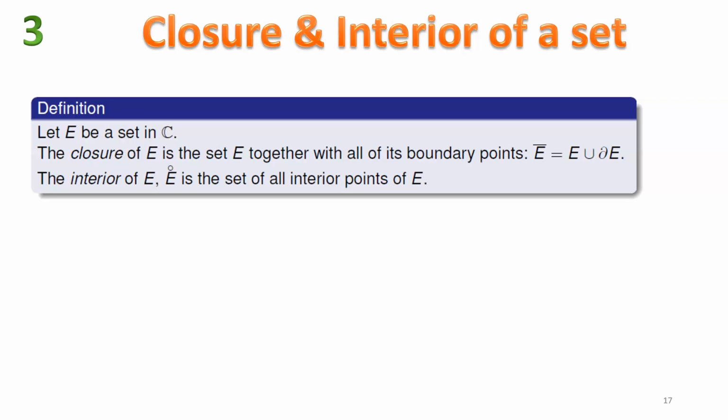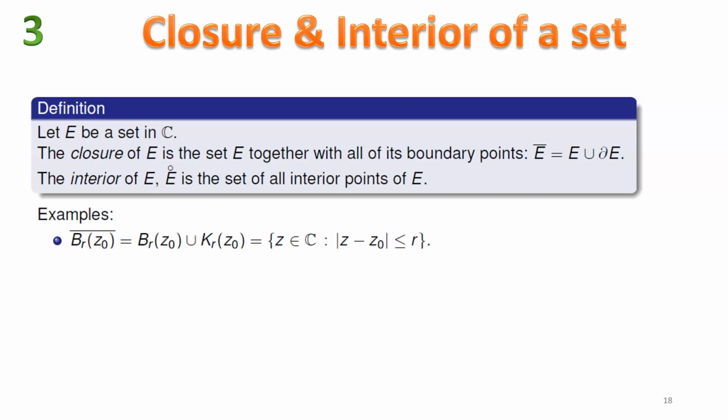Let E be a set in complex numbers. The closure of E is the set E together with all its boundary points, represented by E bar, which is the union of E and del E. The interior of E, written as E with a zero on top, is the set of all interior points.